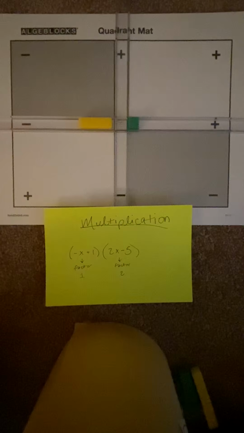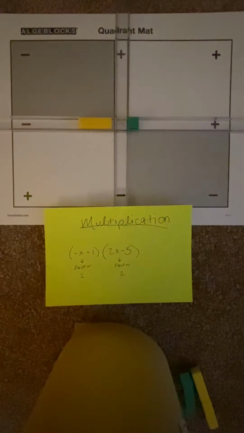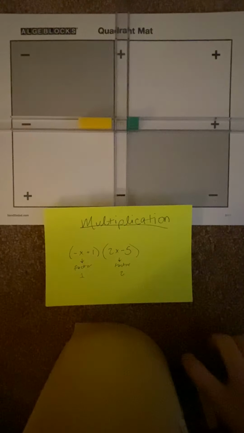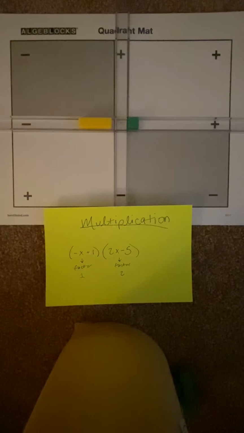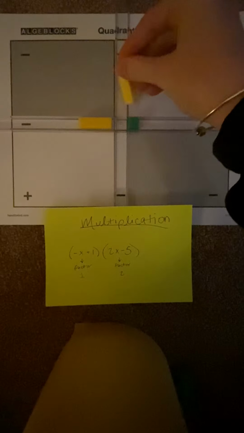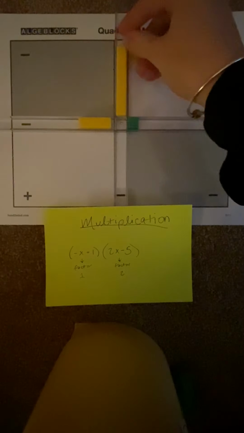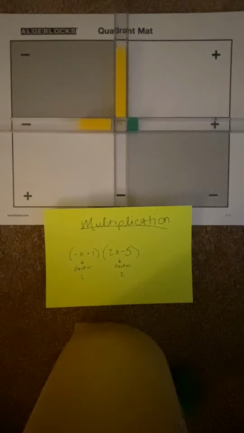All right, so let's look at our second factor, which is 2x minus 5. We are going to put 2x minus 5 vertically along the factor track. So we have 2x, so we're going to do positive 2x using the yellow cubes.